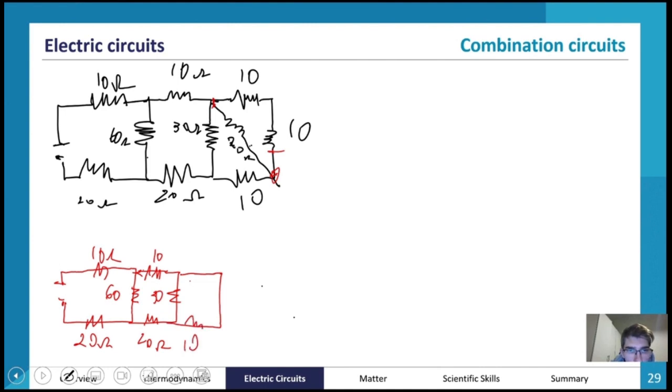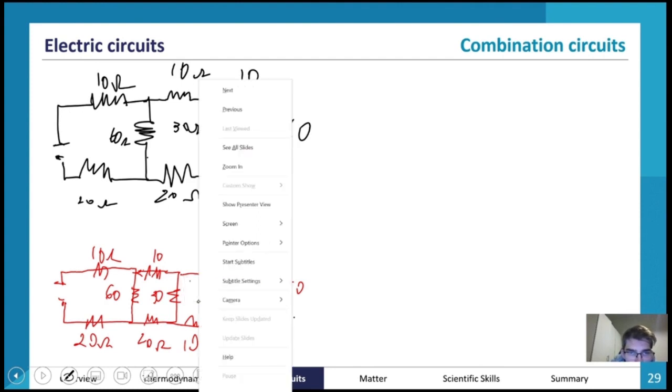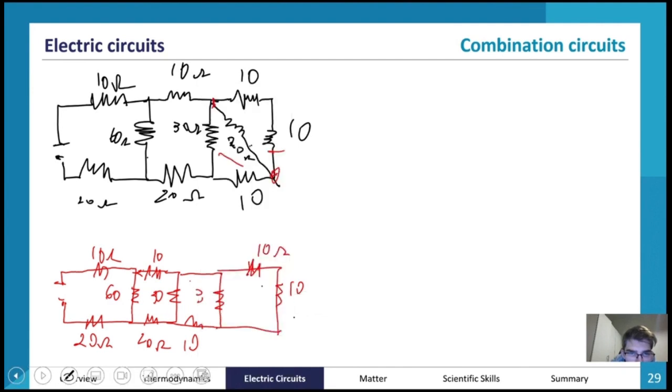Is everyone cool with what I'm doing now? You can extend and you can say, well, this is 10 ohms. We have a 10 ohms here, and we have a 30 ohm right here.